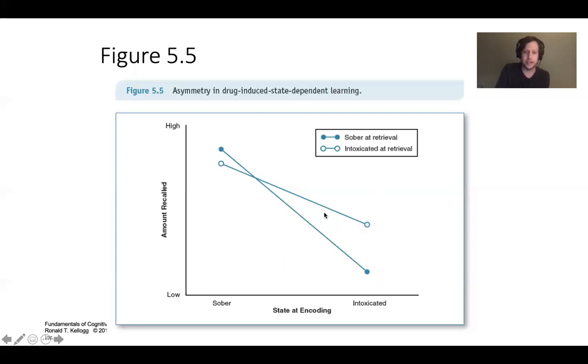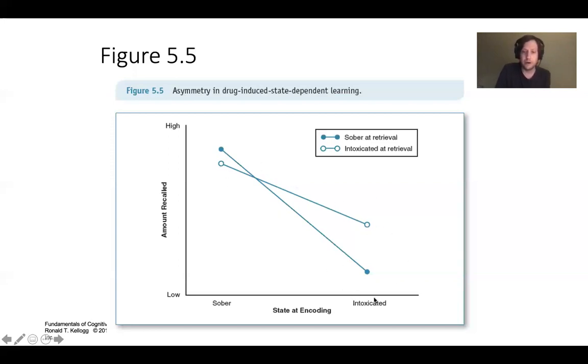But as you can see, there's clearly a main effect of state of encoding, where if you're sober at encoding, you're definitely going to be pretty darn good when you retrieve stuff. I'm actually surprised at how good people are. The white circle right here, these are people that are intoxicated when they're being tested, and their performance is still pretty darn good.